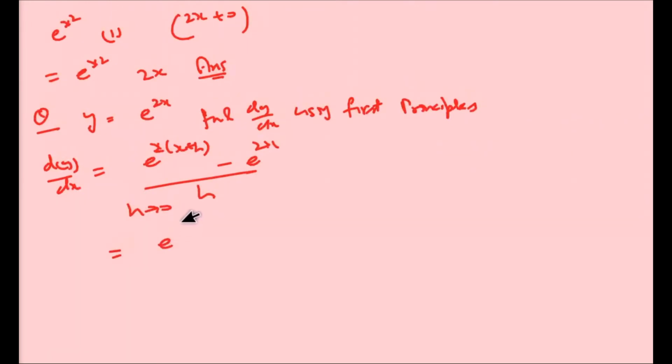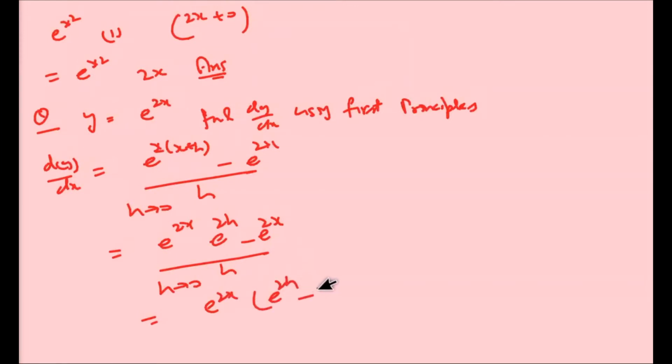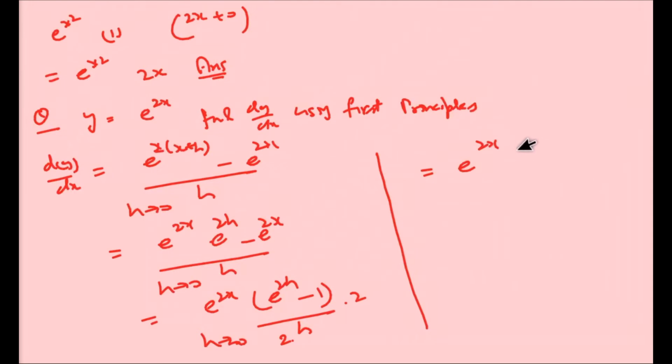Same method: we take common e to the power 2x, into e to the power 2h minus 1 upon h, h tends towards 0. So multiply here by 2 and divide by 2. So now this limit is 1. So we can write the answer is e to the power 2x into 1 into 2. So your answer is 2 into e to the power 2x.